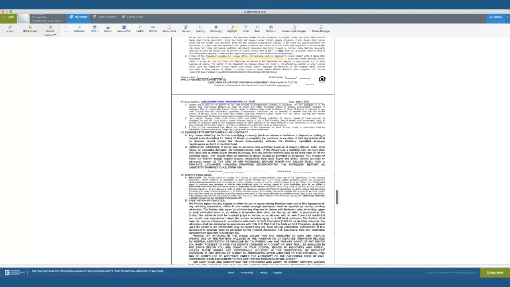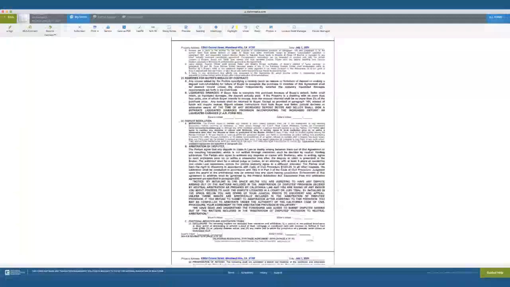And here on section number 21, it deals with liquidated damages and how to rectify a dispute. So liquidated damages.